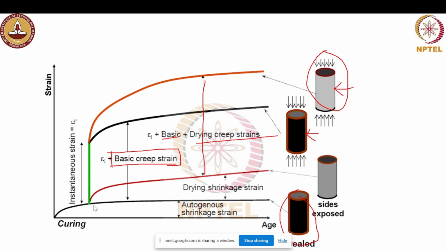So we can say that the more the load applied, along with the water loss, the more will be the strain. So these two cases are the graphs which have more strain, and these two shrinkage graphs will have the lesser strain. So how will we differentiate between these two parts: autogeneous shrinkage and drying shrinkage.